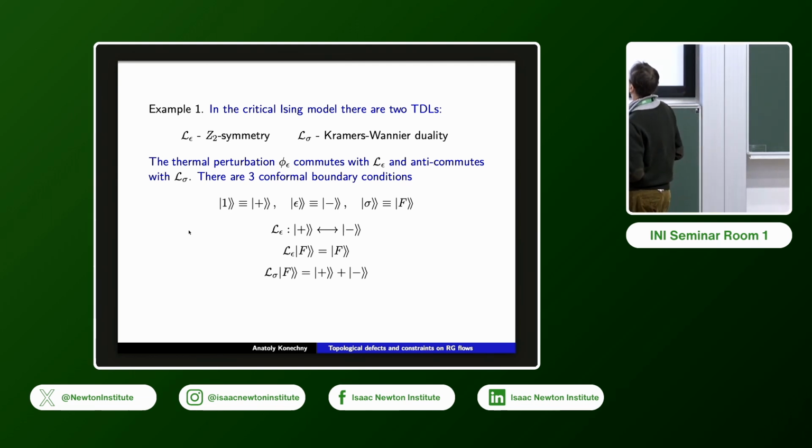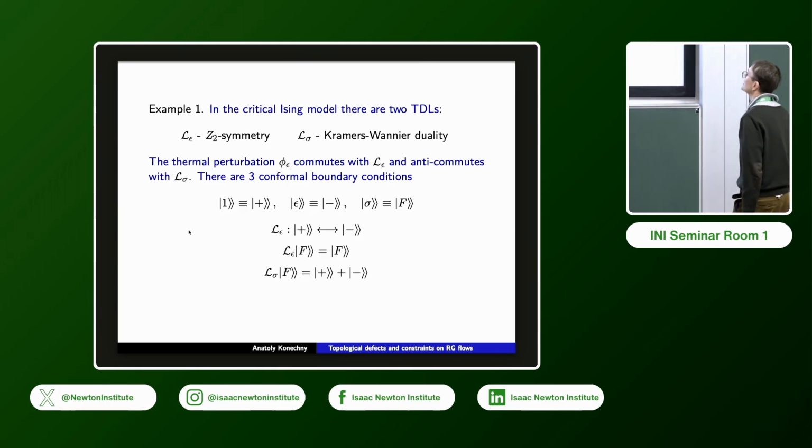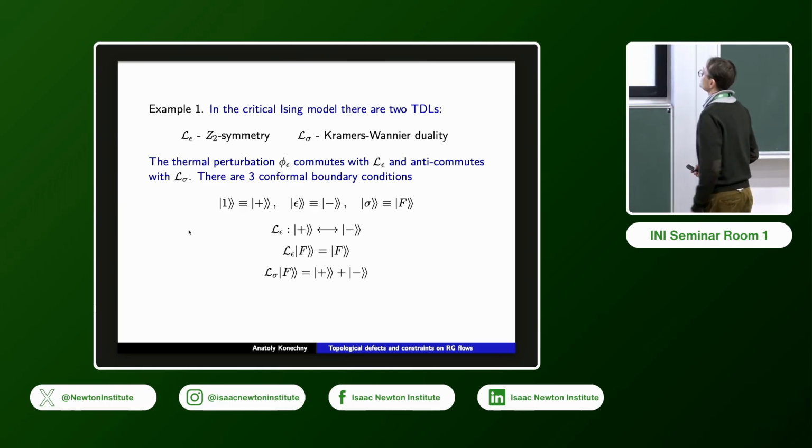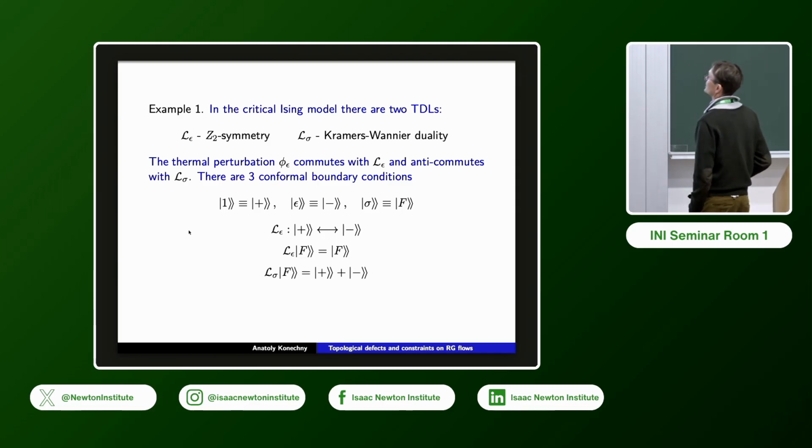Right, so here's an elementary example. If we start with the critical Ising model, then we have two TDLs: the Z2 symmetry and the Kramers-Vanier duality. The thermal perturbation commutes with the Z2 symmetry, but it anti-commutes with the Kramers-Vanier duality.